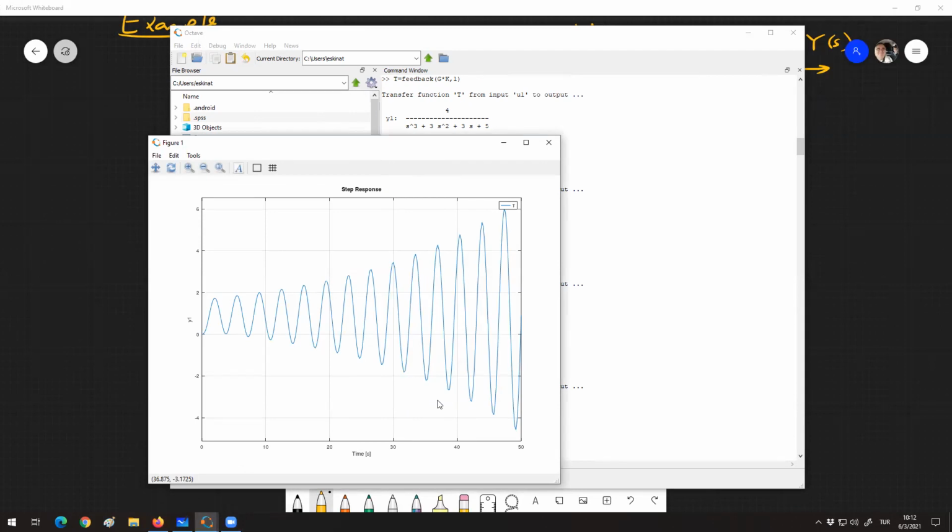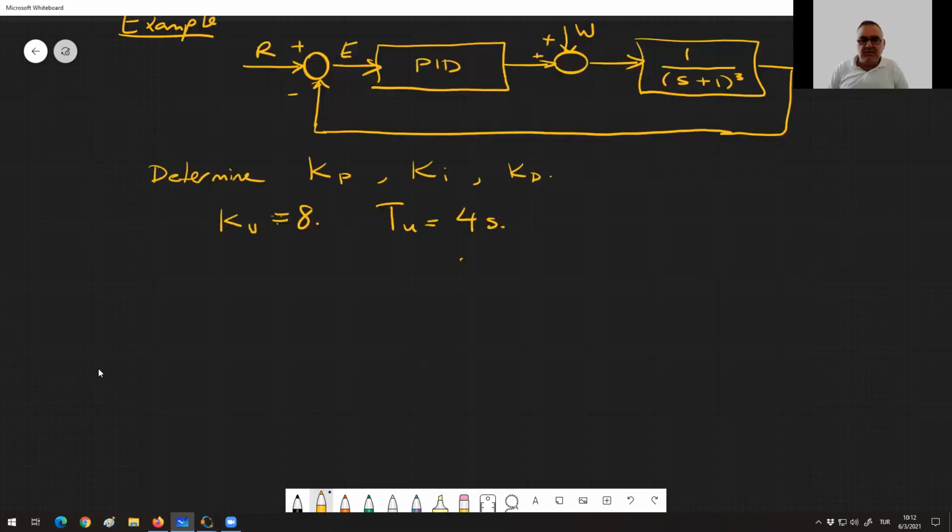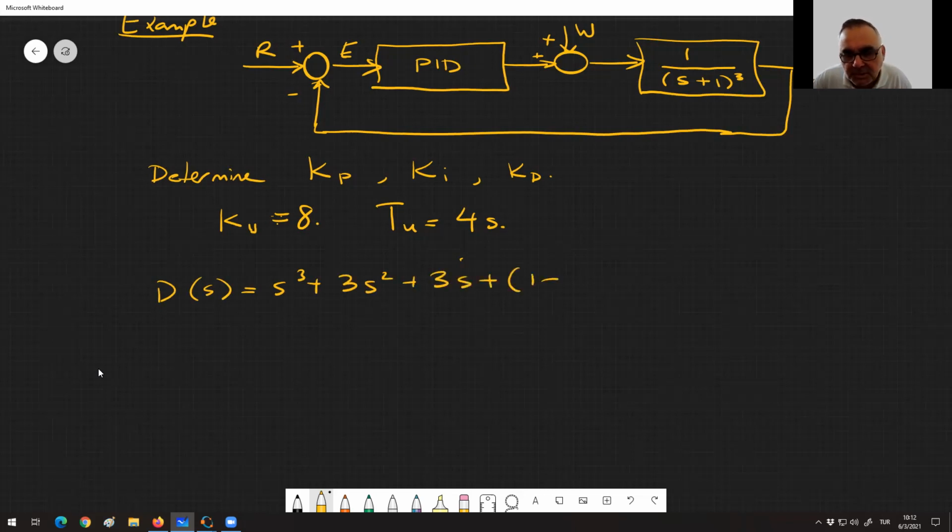Okay, hocam. Actually, you can also find it from the Routh criterion. It's not that difficult. Your characteristic polynomial, if you do it for the closed loop system, is p of s equals s cubed plus 3s squared plus 3s plus 1 plus k.